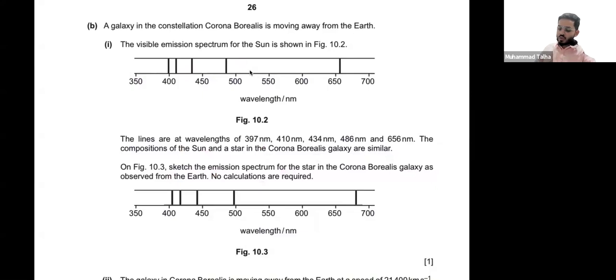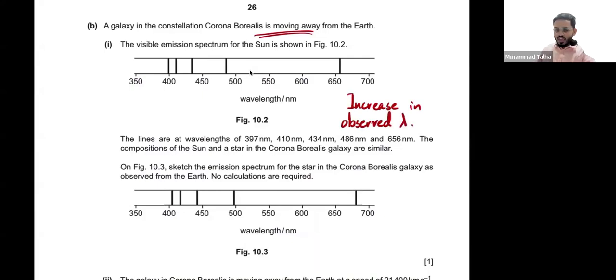No calculations are required. As with most of these galaxies, because this galaxy is moving away from us, we know this radiation is going to be red shifted. What does redshift mean? It means an increase in the observed wavelength, or you can say a decrease in the observed frequency. Means the same thing.